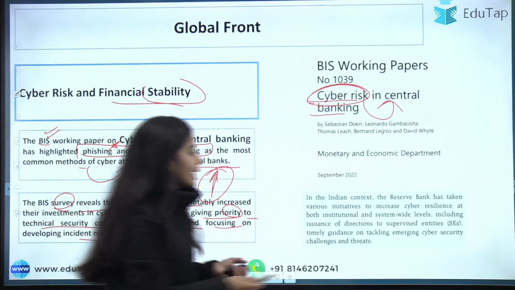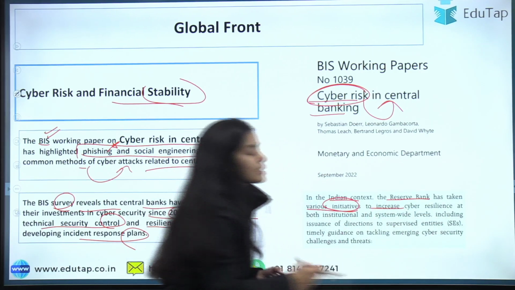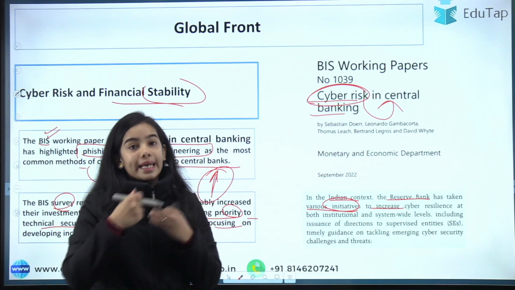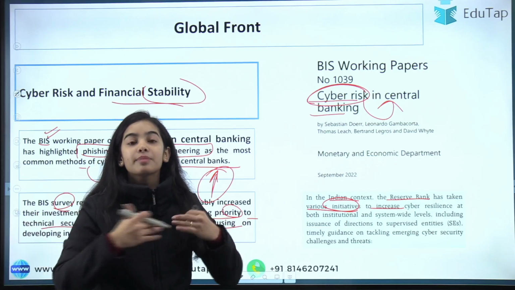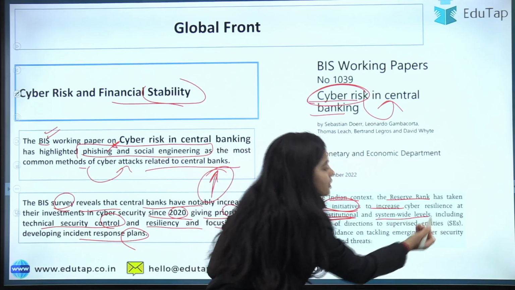Okay. So in the Indian context, the Reserve Bank has taken various initiatives to increase the cyber resiliency of not only itself but the banking system, the financial system as a whole, at both the institutional and system-wide levels.